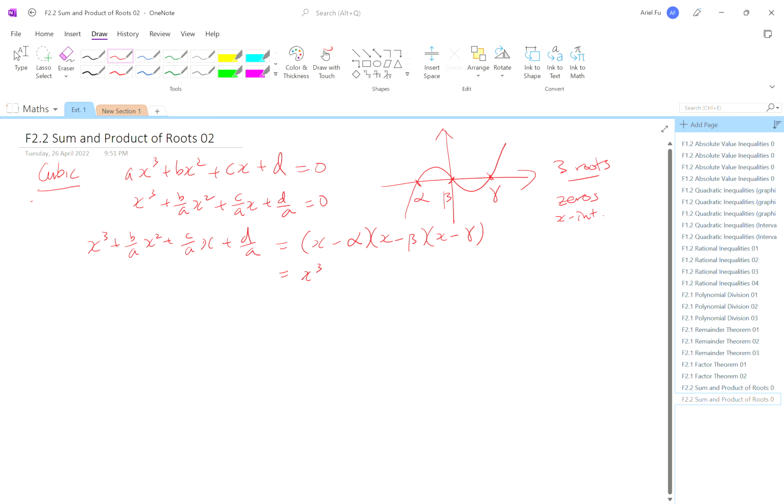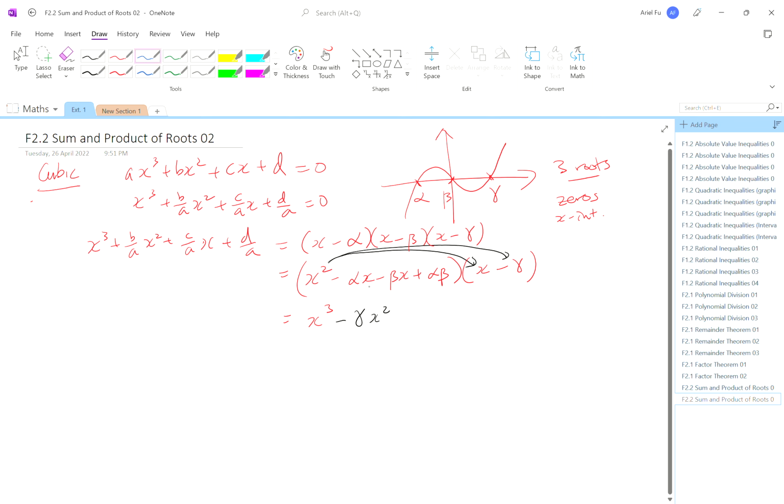Expanding the right hand side, let's do this one step at a time. Let's expand the first two brackets first. That's x squared minus alpha x minus beta x plus alpha beta. Then multiply by x minus gamma. This times this is x cubed. This times this gives me minus gamma x squared.